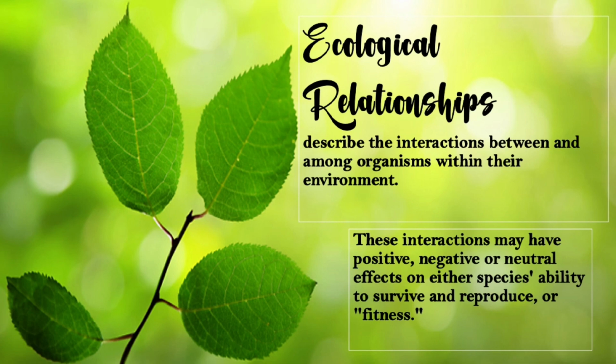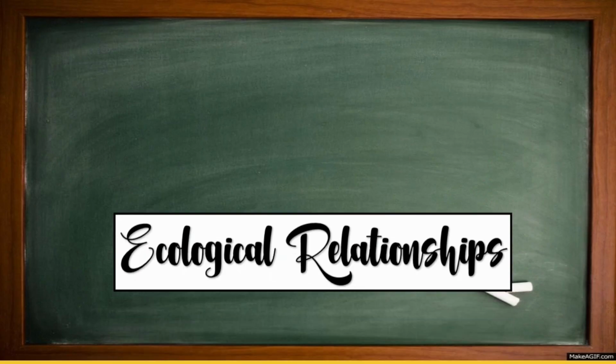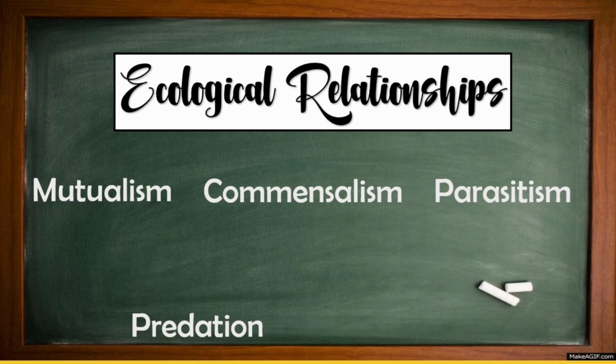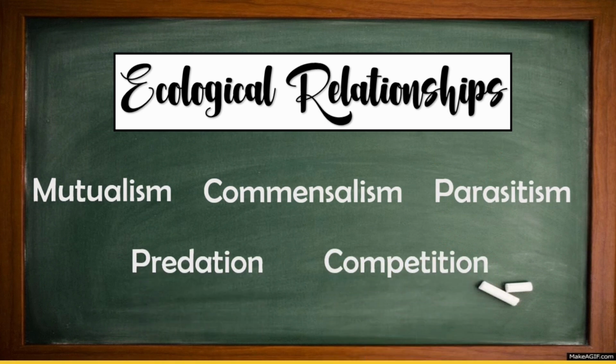These interactions may have positive, negative, or neutral effects on either species' ability to survive and reproduce, or fitness. We have 5 ecological relationships found in our ecosystem, and these are mutualism, commensalism, parasitism, predation, and competition.